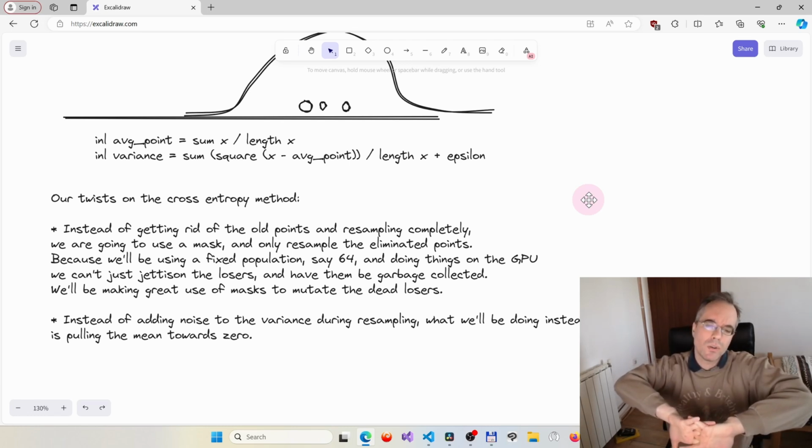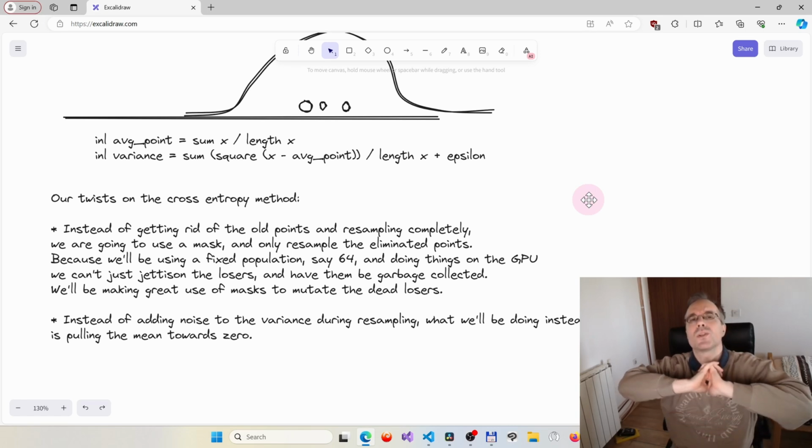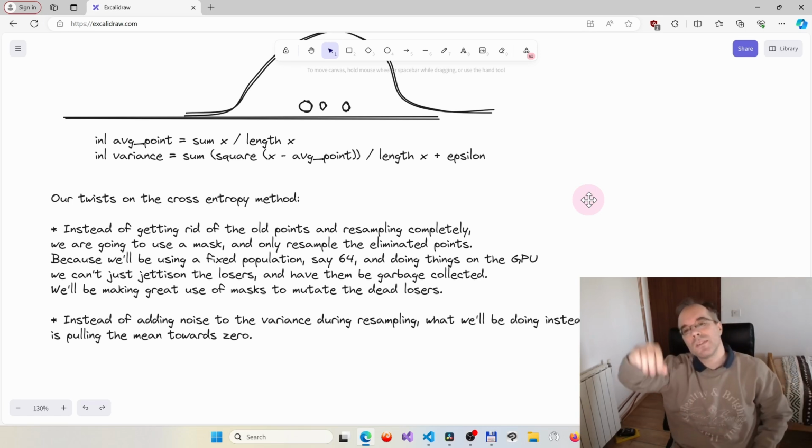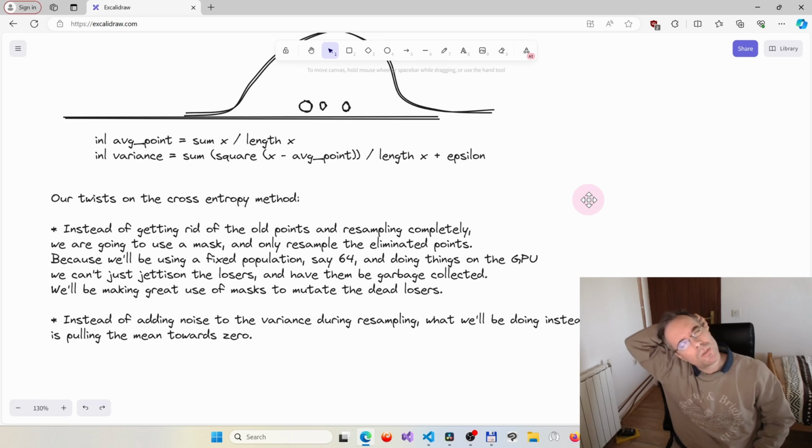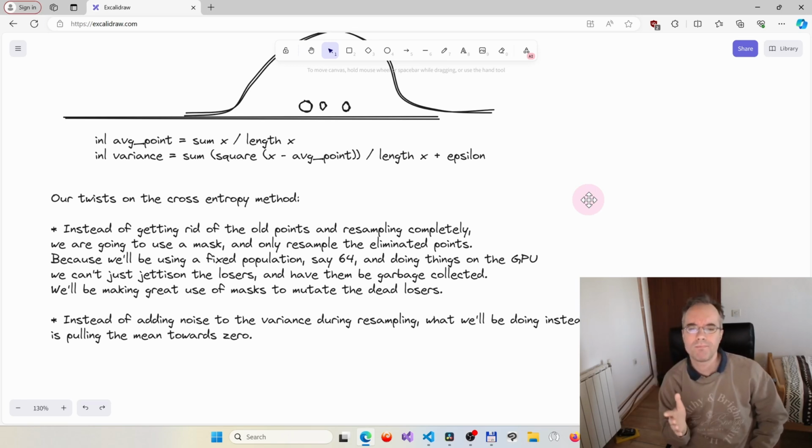And on that note, I want to mention that it's actually pretty difficult to do even something like sort all of the points in the ensemble. Sorting is difficult on the GPU. So in order to actually rank them, we aren't going to be doing that specifically.